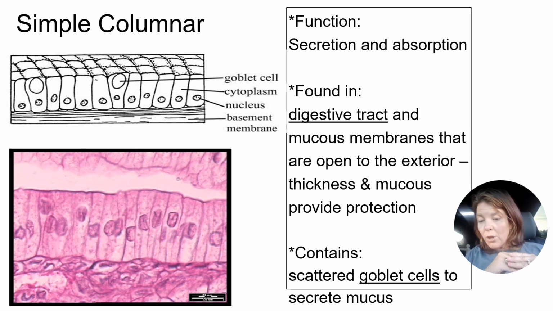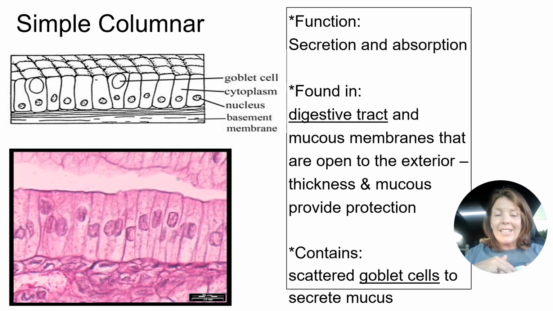If a columnar cell is taller, do you think that offers more protection or less? More. So we find these in places in the body that have a little bit more rugged wear and tear, like the digestive tract or the respiratory tract.